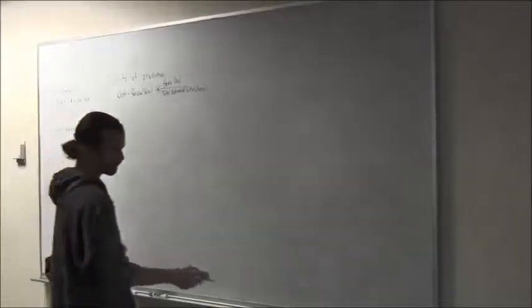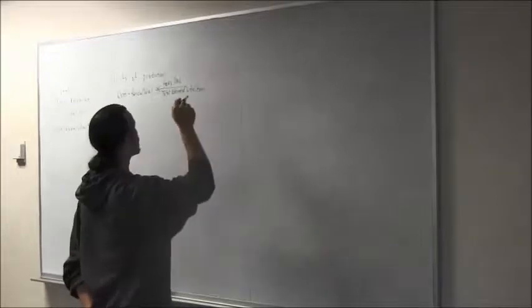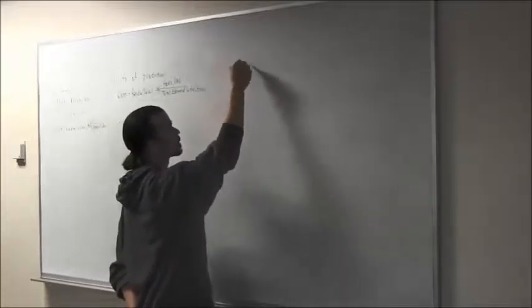And then, what's the formula for double declining balance?